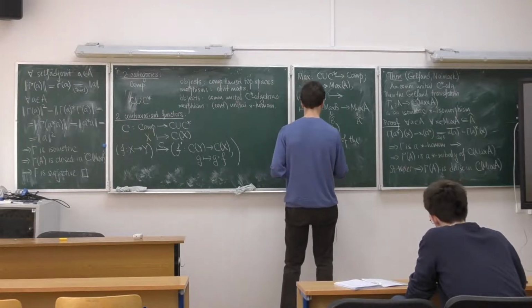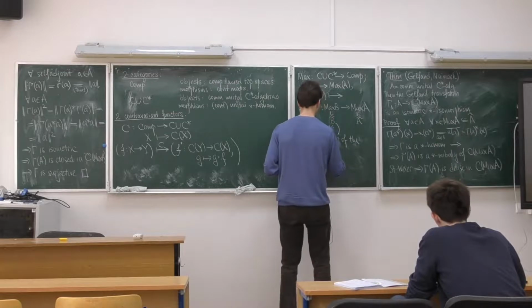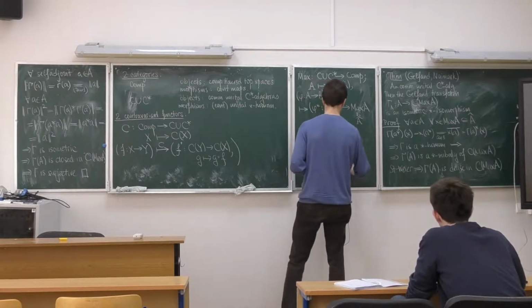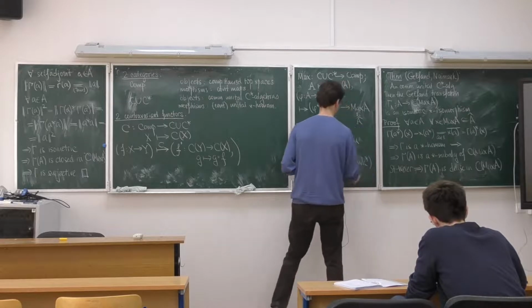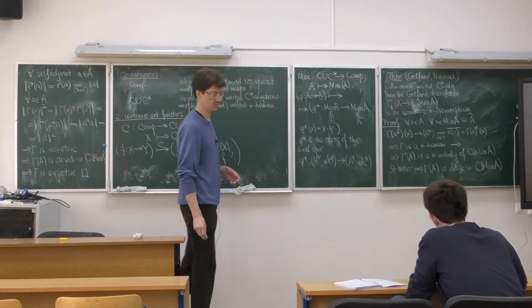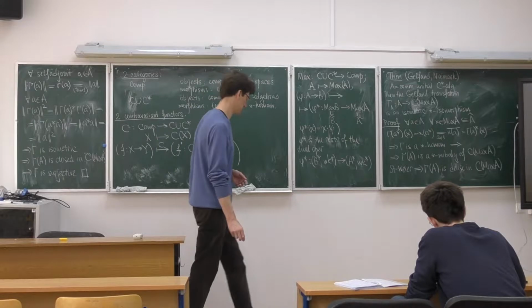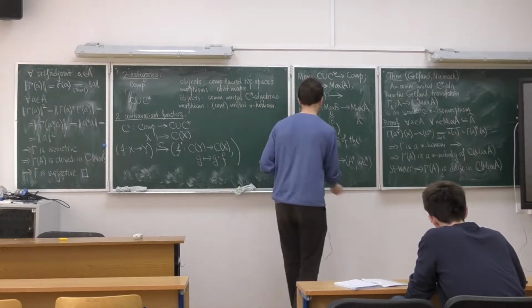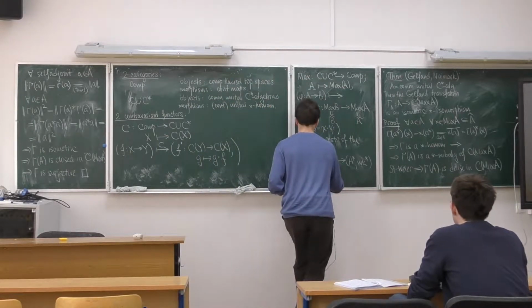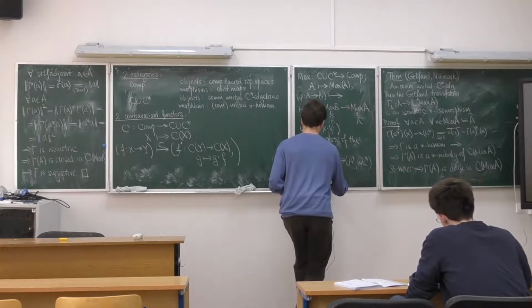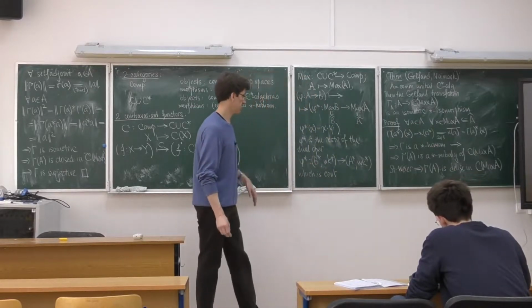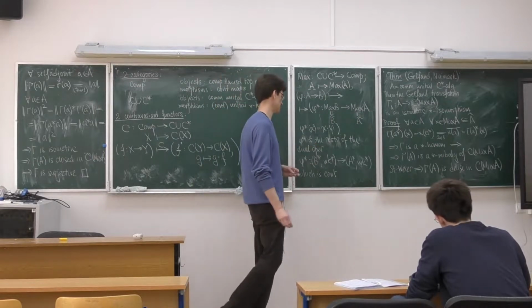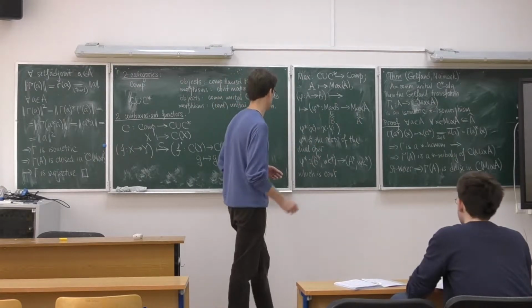And if we equip the dual spaces with the weak star topologies, then we know that the dual operator is always continuous. We discussed the continuity of this operator some time ago when we discussed the weak topologies. So this map is continuous, and of course the restriction of a continuous map is continuous.